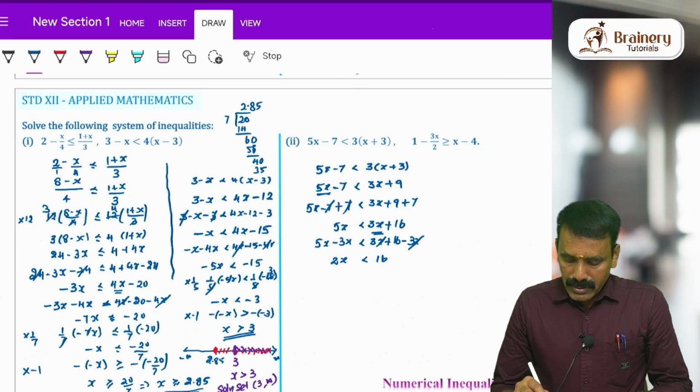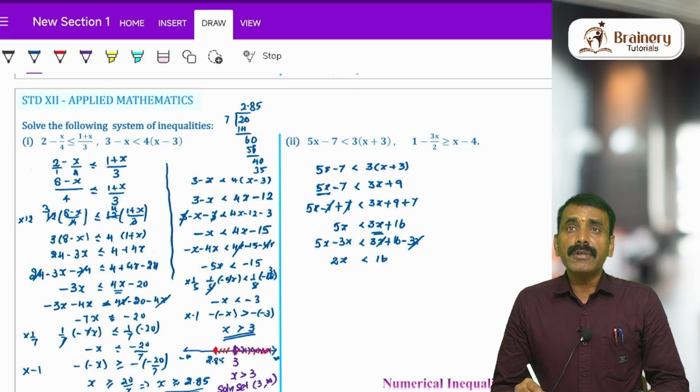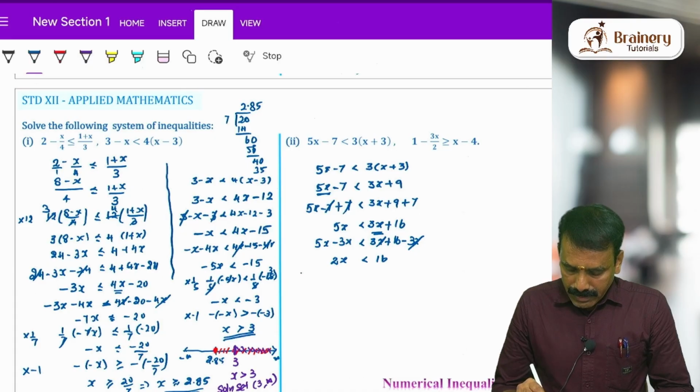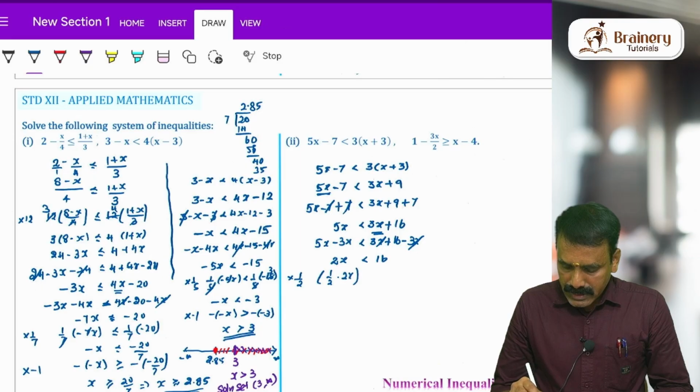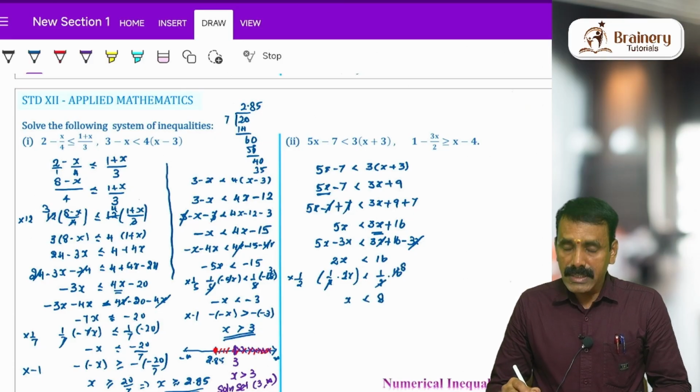So multiply by the multiplicative inverse of 2, that is nothing but 1 by 2. So 1 by 2 into 2x less than 1 by 2 into 16. 2 cancels here. So we get x less than 8. So x is less than 8.